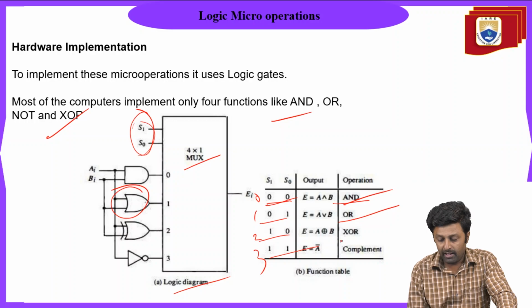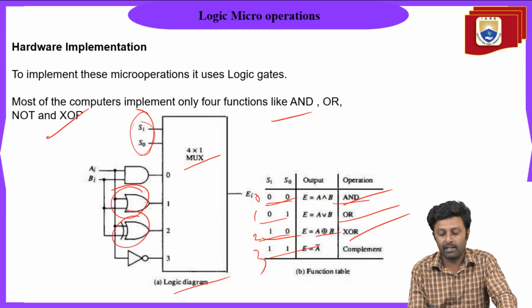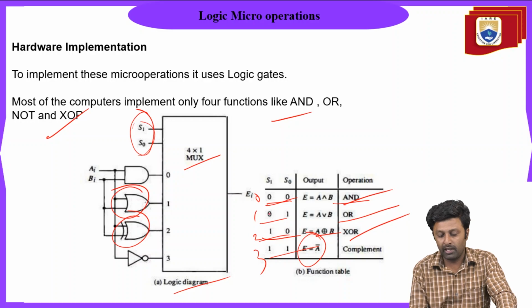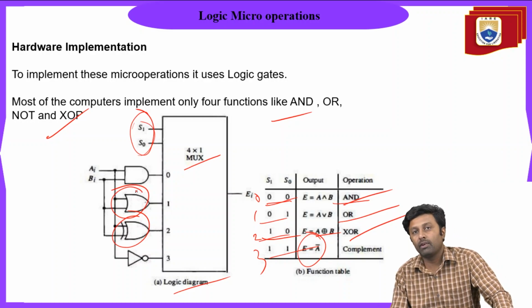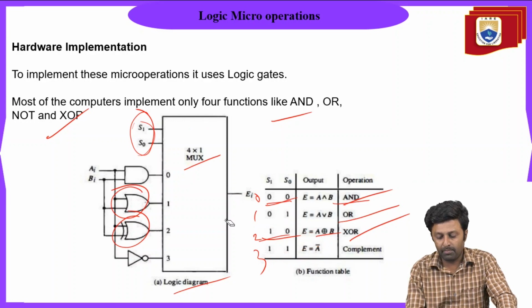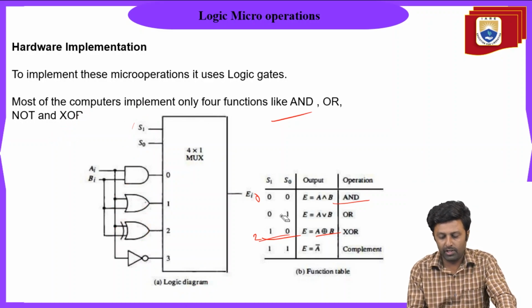If S0 and S1 are 1, 0, then it will perform the XOR operation, so this gate will be selected. For the complement operation, if both S0 and S1 are 1, 1, this circuit will perform the complement operation.